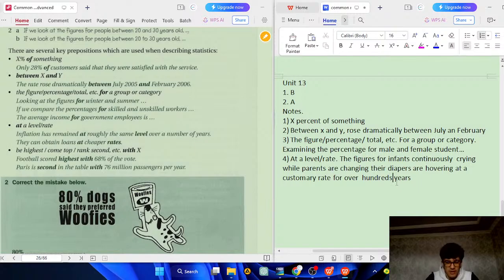Hundreds of years, for over hundreds of years. Okay, that's reasonable. The highest come top, rank second with football scored highest with 68% of the vote.